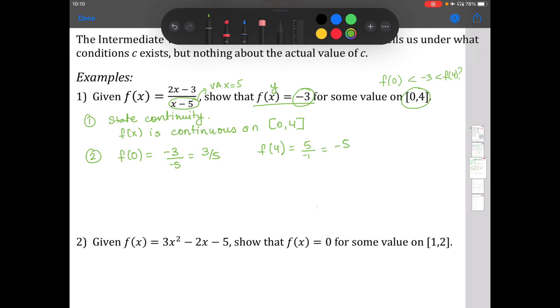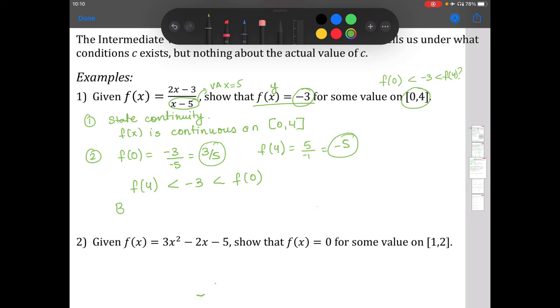So now look at this number, negative 3. Does negative 3 fall between these two numbers, 3/5 and negative 5? Yes, it does. So what can I say? Negative 3 does fall in between these two numbers, right?